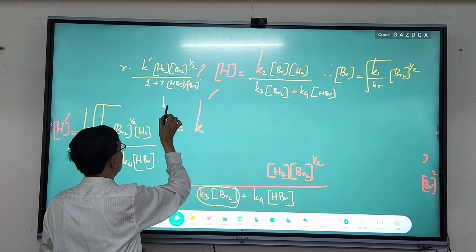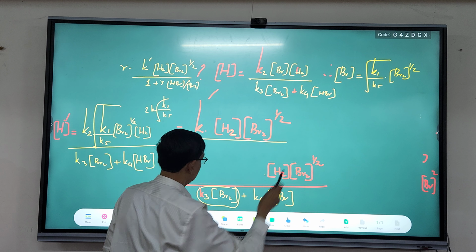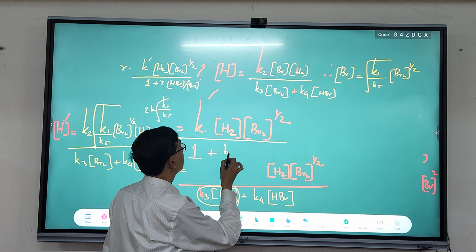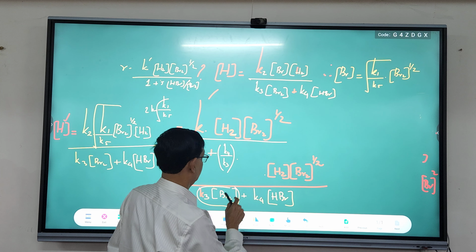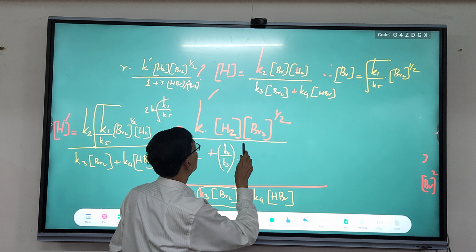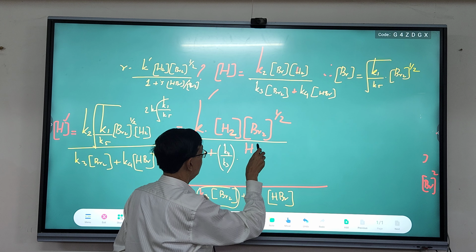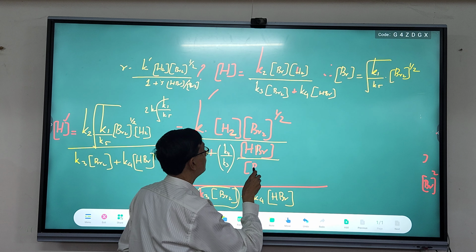Then [H2][Br2] half divided by 1 plus this k4 by k3, [HBr] divided by [Br2].